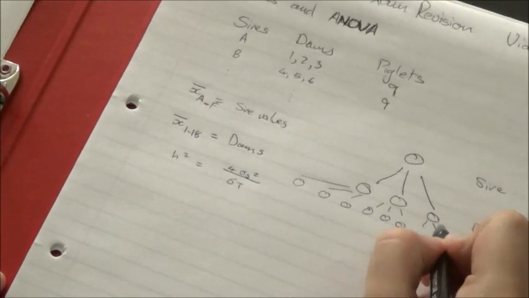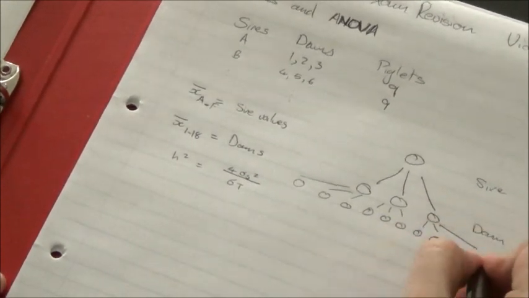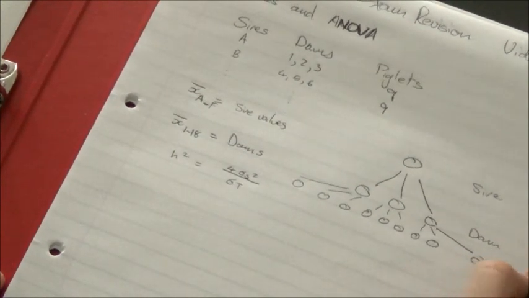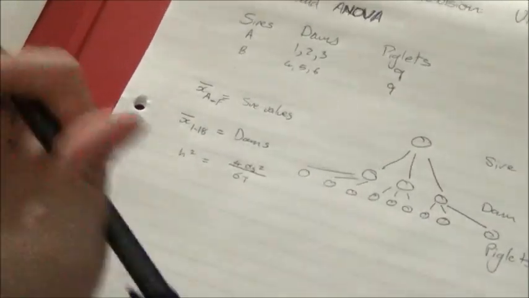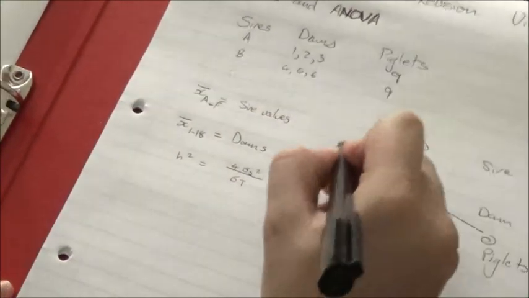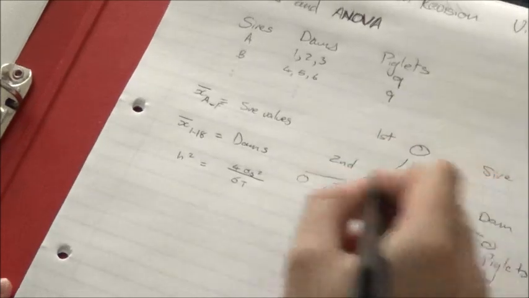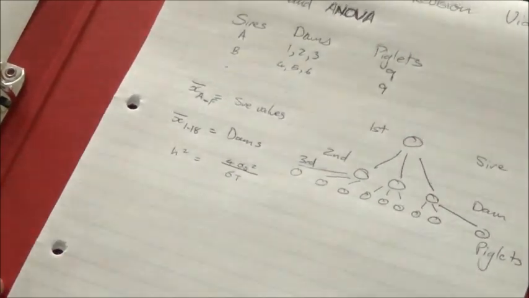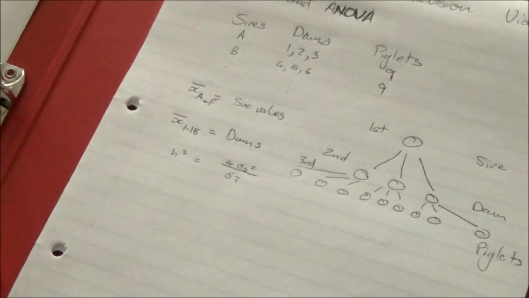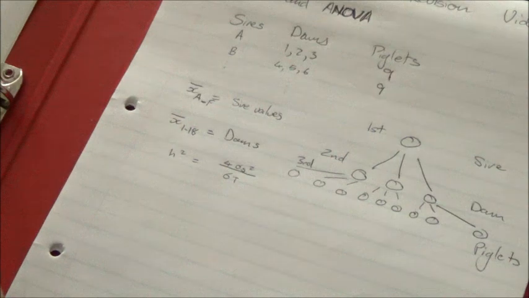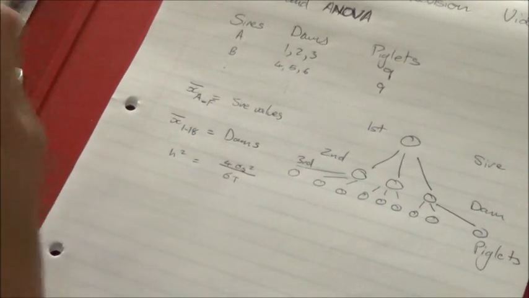So the easiest way I can teach you this, without making it too specific to this question, is that there are 3 tiers. Here is the first tier, the second tier, and the third tier. And that's how we're going to partition which aspect of variance we're looking at between, within, and all that between those groups.